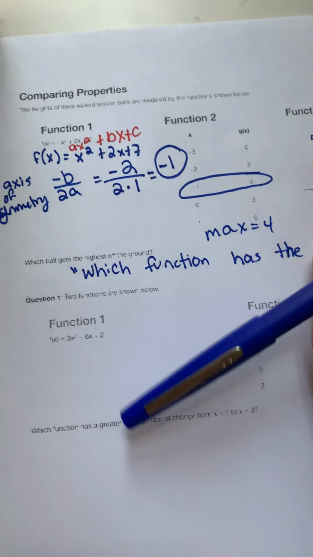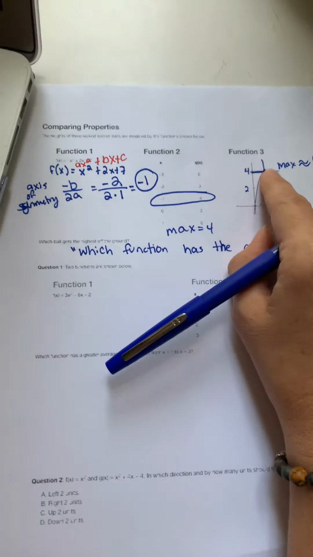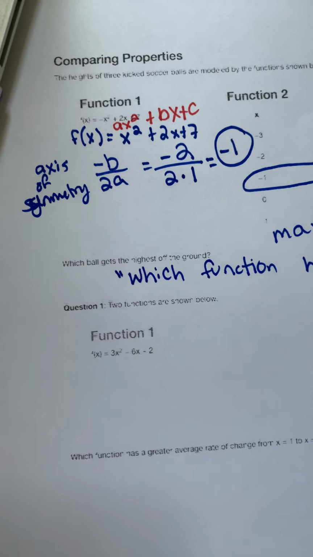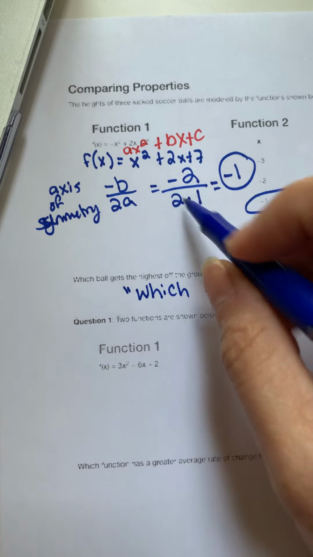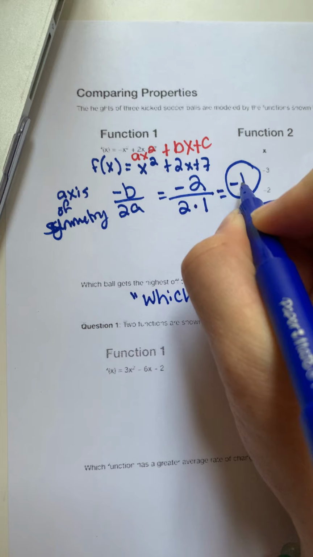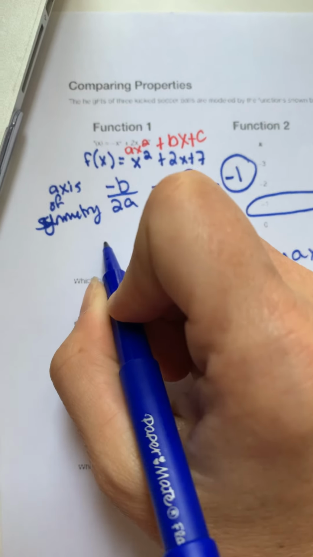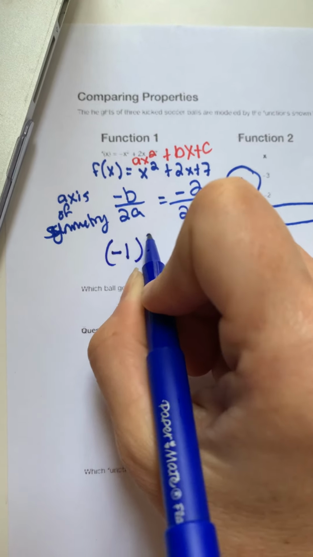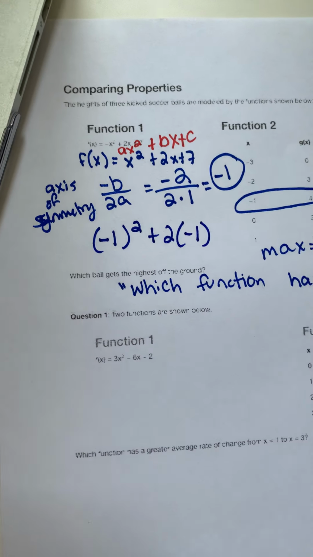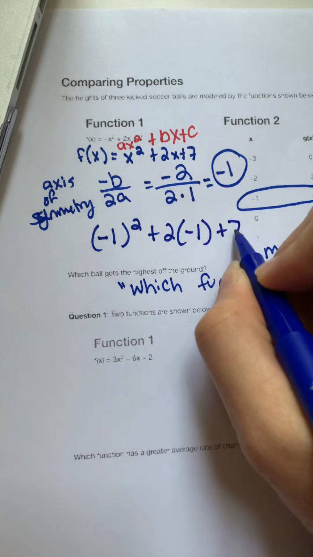And that'll tell you my y value at my vertex, which is my highest point of my graph. So I'm going to take this equation and now plug in the x of -1. So -1 squared plus 2 times -1 plus 7.